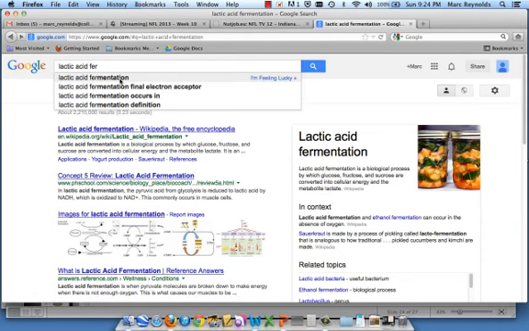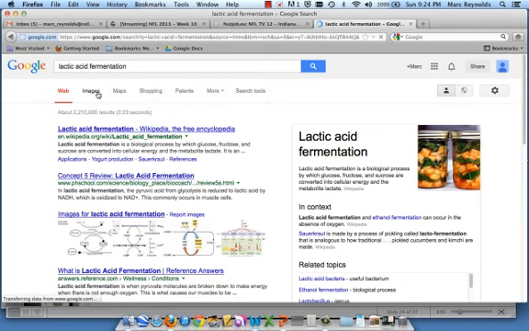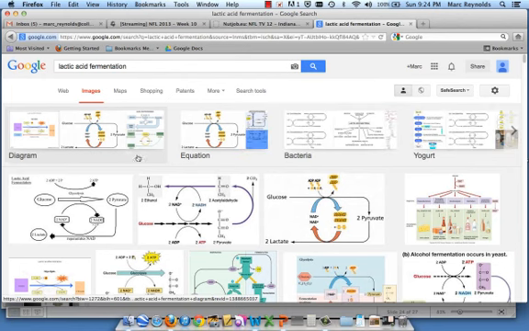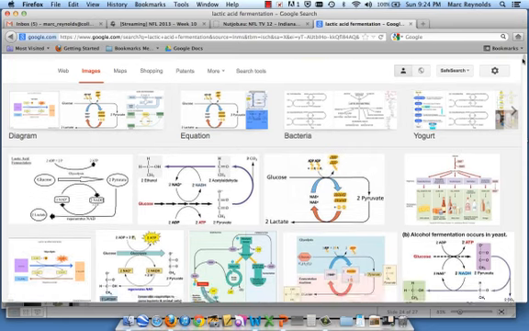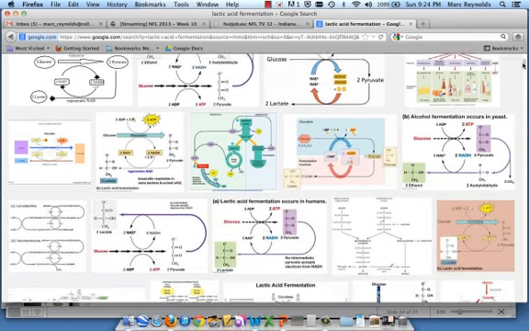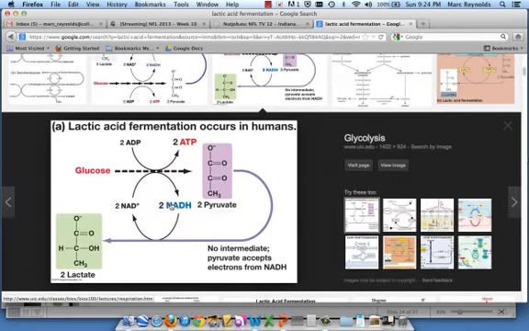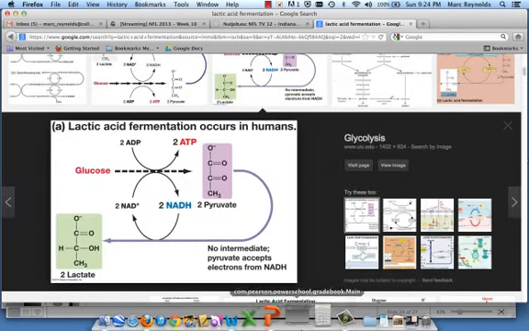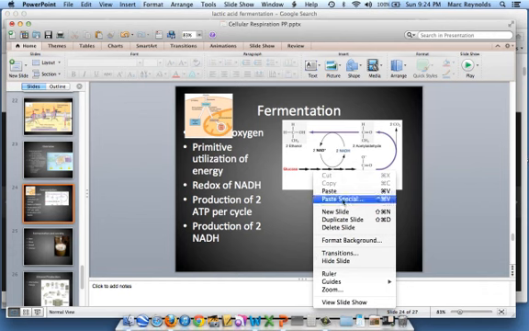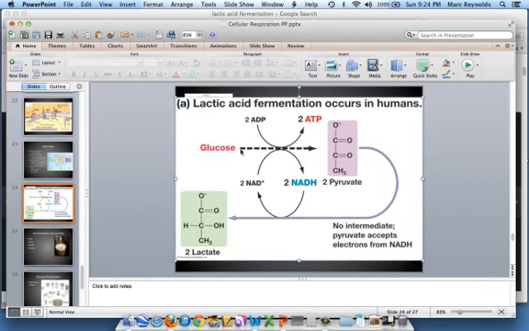I can do this. What's the best one? That's not it. What the hell is it? I want lactic acid fermentation. Yes. Please. Paste easily. Thank you.